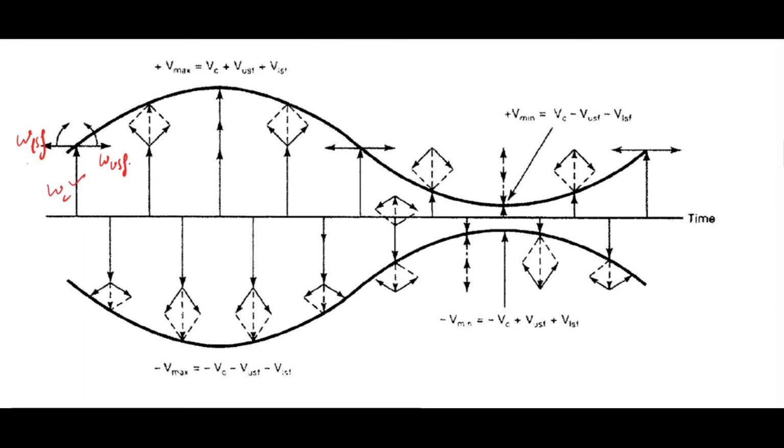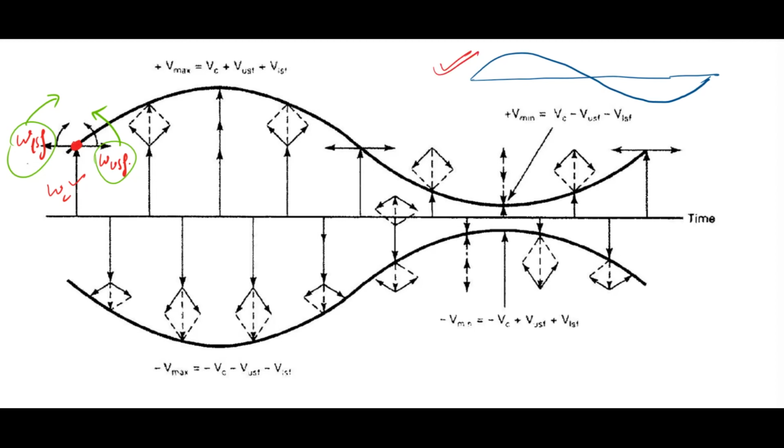The lower side frequency usually rotates in the clockwise direction, and the upper side frequency rotates in the anti-clockwise direction. Now let us consider this wave as my message signal.